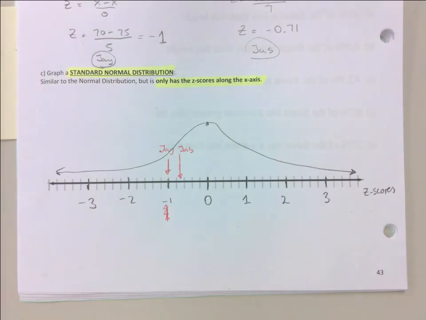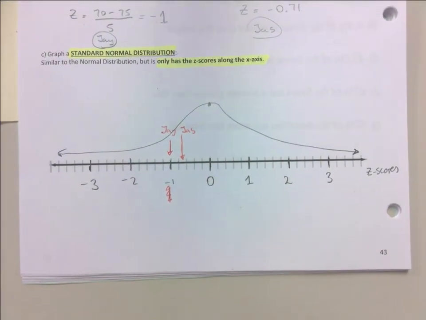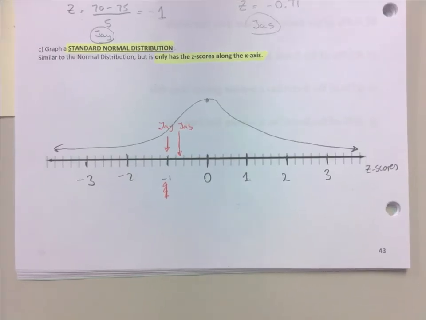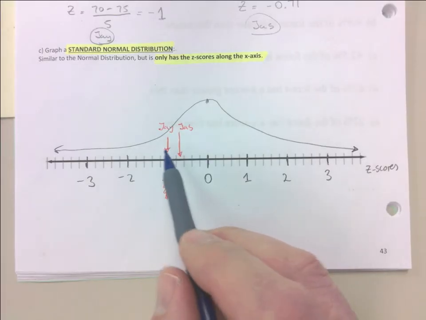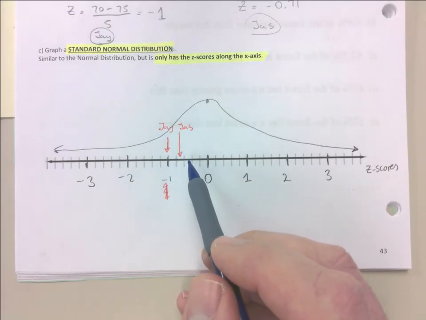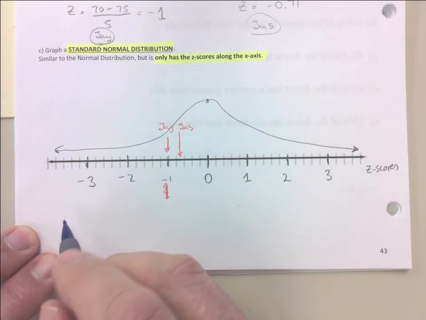Jazz is doing a little bit better. Okay. So even though she had a lower final score, actually, if we use our z-score to compare, it ends up being that she actually did better overall. Okay? So we're going to make our conclusion here.